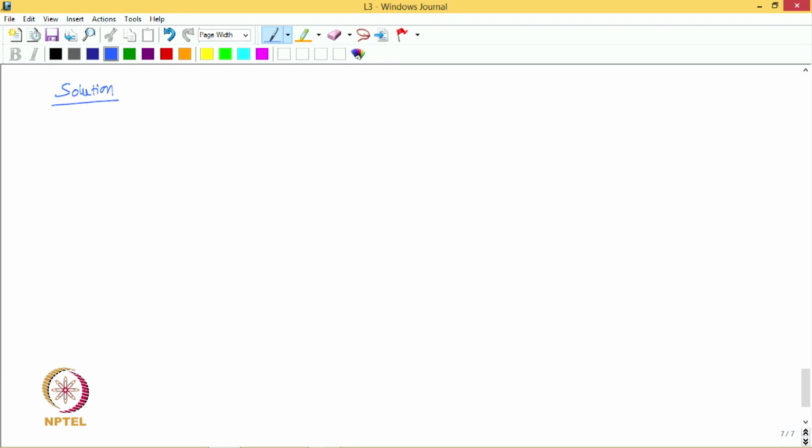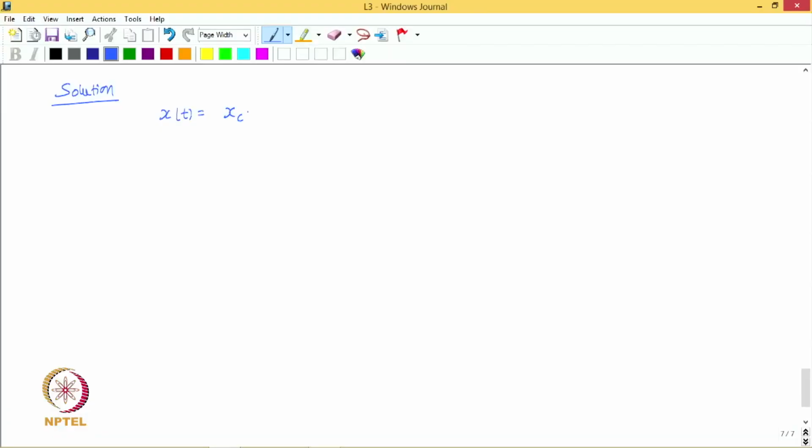This being an inhomogeneous equation, the total solution consists of two parts. One is the complementary part, which we represent as x_c(t), and a particular part, which we represent as x_p(t).